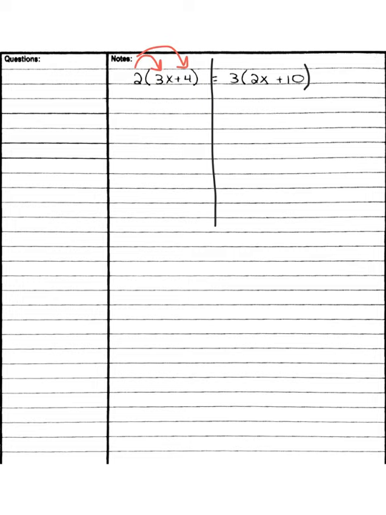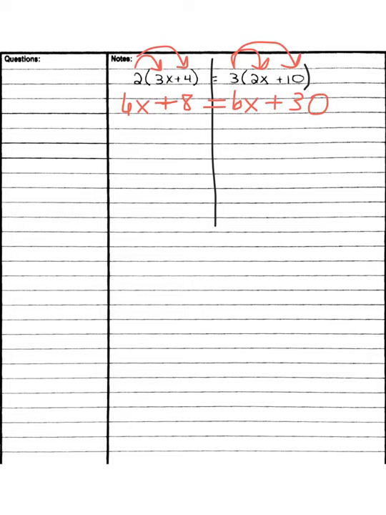So I have 2 times 3, which is 6x. Bring down your addition symbol, 2 times 4, which is 8, equals 3 times 2, which is 6x, plus 3 times 10, which is 30.